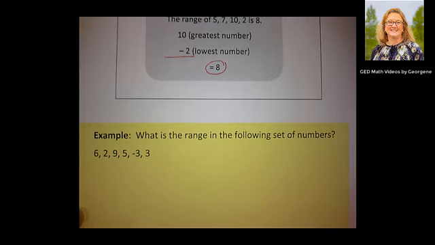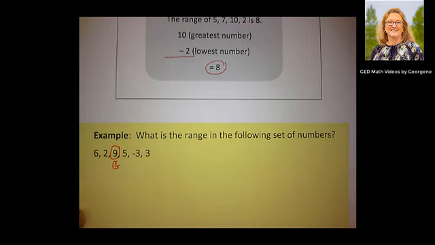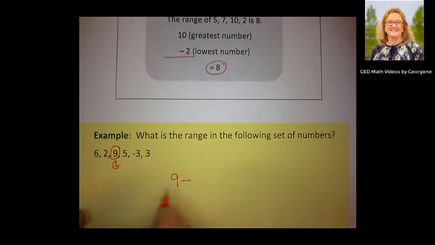Okay, so the greatest number, I'm just going to circle it and put a G next to it. The greatest number is 9. The largest number is 9. From the largest number, we're going to subtract the smallest number.